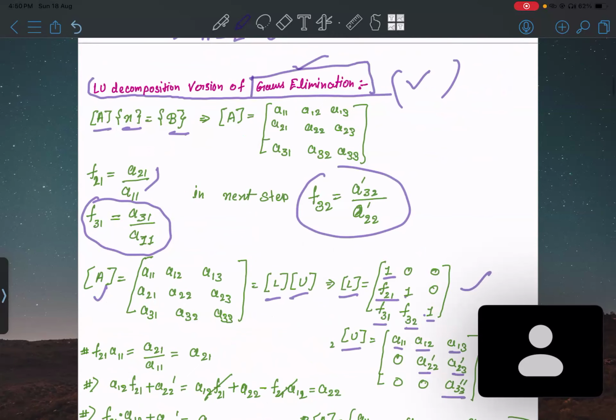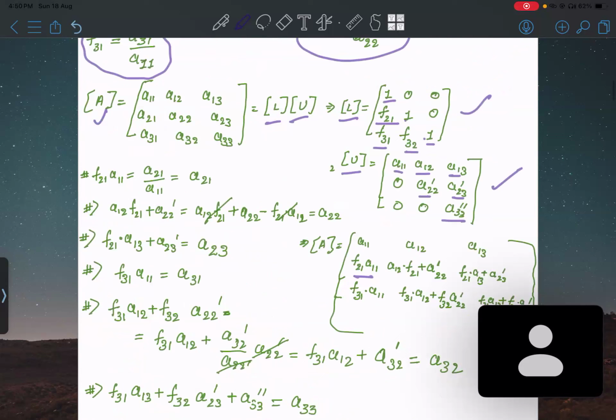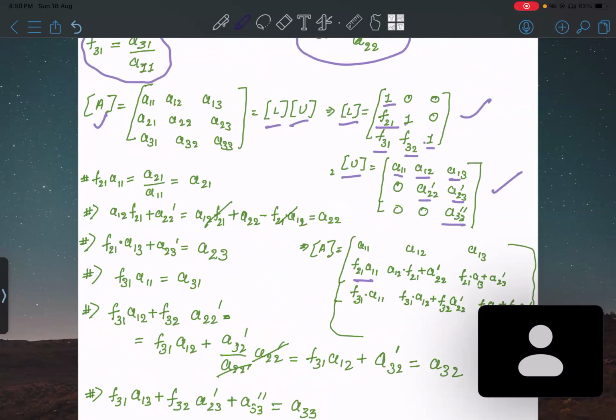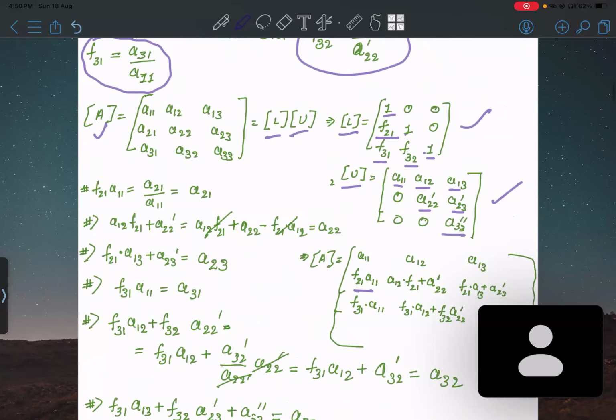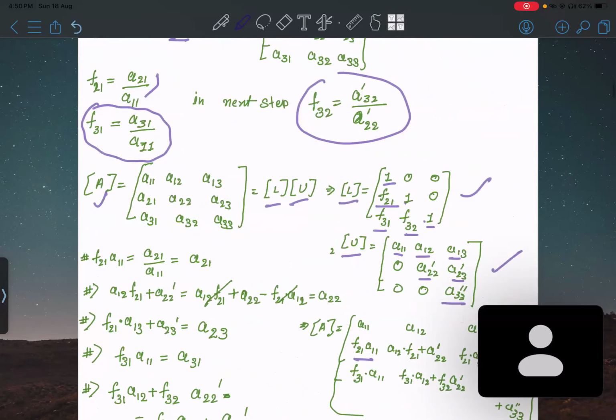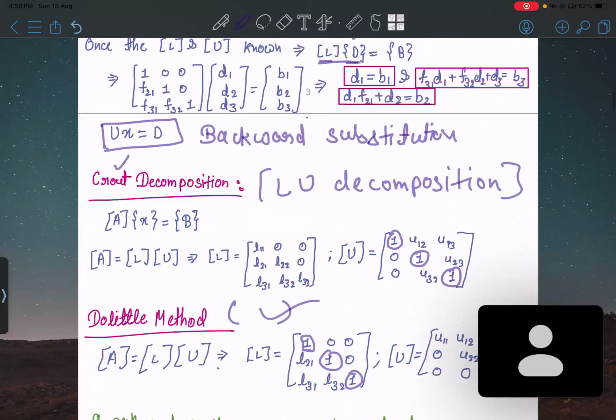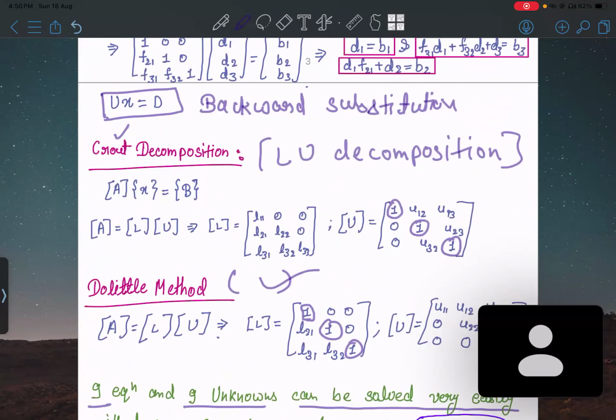If we have used the Gauss elimination, then we have solved the problem. So there is no need to use this LU decomposition. But for the sake of completion, we have seen the similarities between the LU decomposition and Gauss elimination. Okay. Then we have seen the Doolittle and Crout method for LU decomposition.